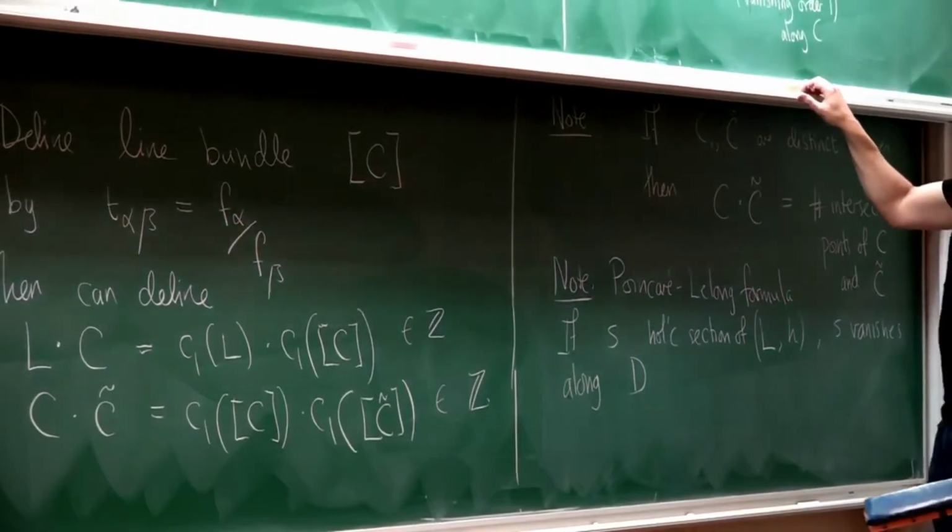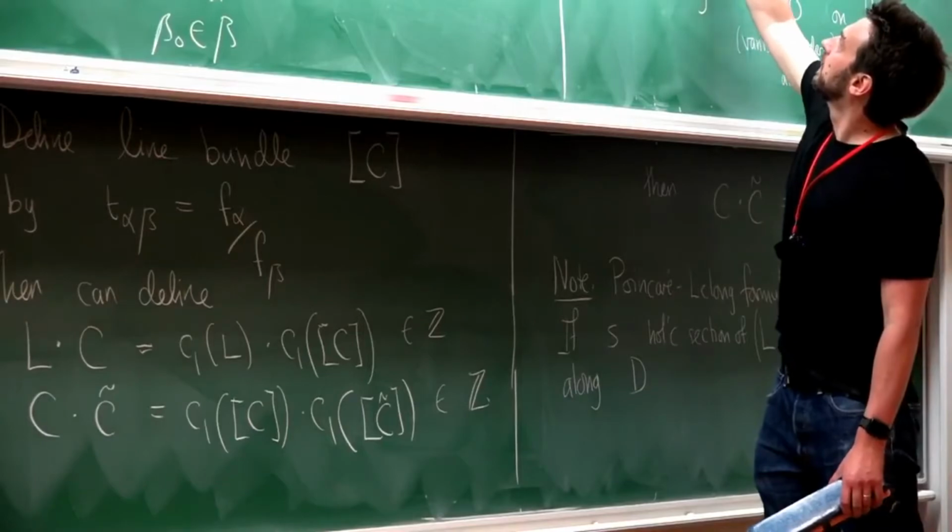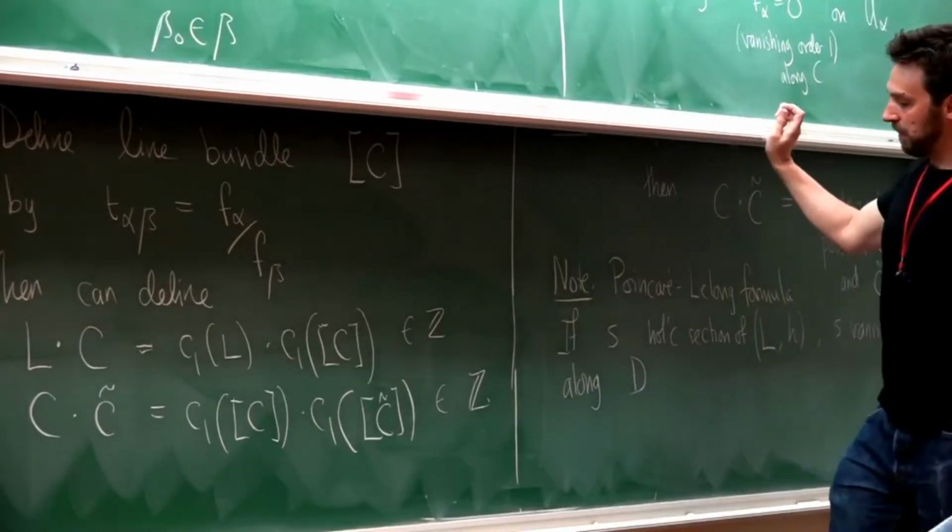I really want this. I'm going to take it to be irreducible when I talk about curves, whereas this D, in theory, might not be.